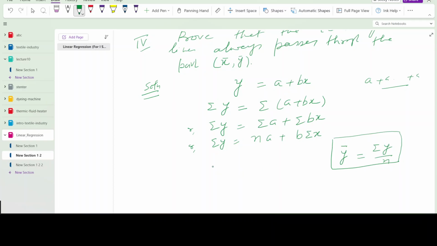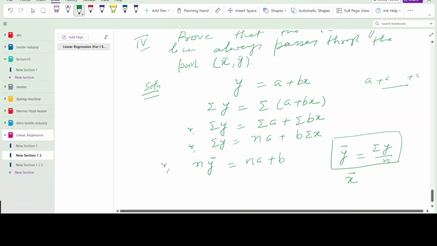Using it, you can write sigma y to be ny bar is equal to na plus b sigma x.